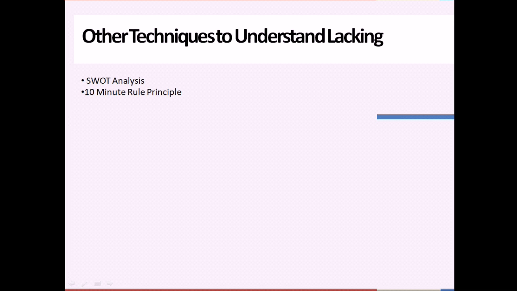Then the next thing, which is very interesting, is the 10-minute rule principle. It is one of the most efficient and flexible ways of learning a program. For example, if you are facing a lack of focus while continuously learning to code, you need to follow this principle. In the 10-minute rule principle, you learn a concept only for 10 minutes a day.